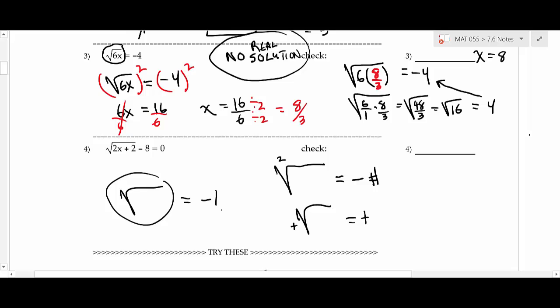So that's something you want to think about a little bit, and it can save you some work. Because the other choice is just solve it, check it, and you'll see that it's extraneous. It does not work. Does that make sense to everybody? So if you have a square root equals a positive number in your equation, and that square root's isolated, you should be able to generate an answer to that.